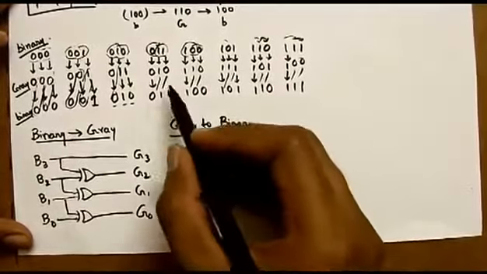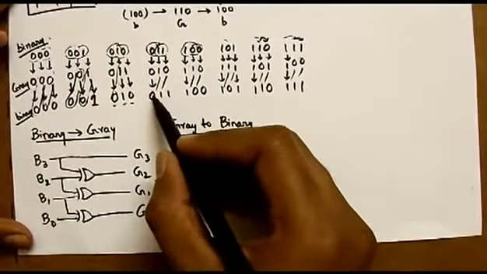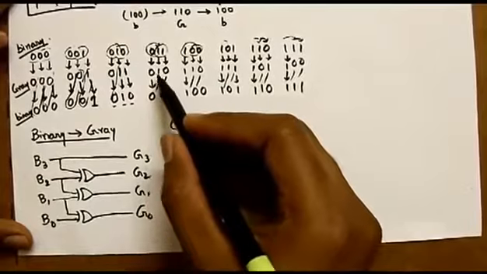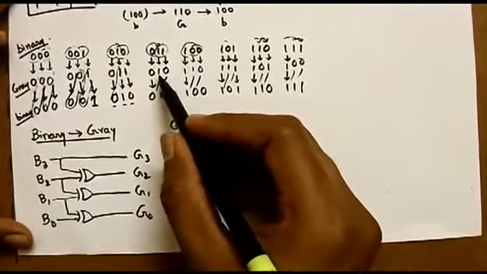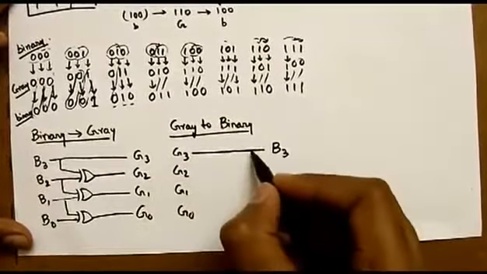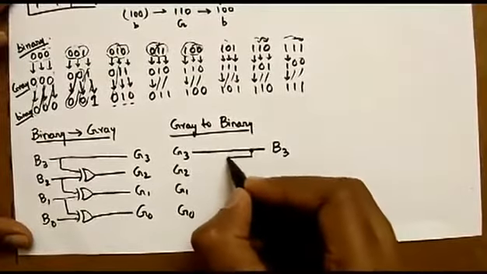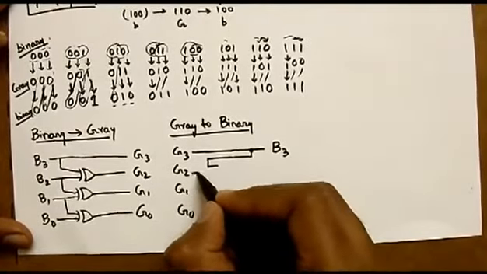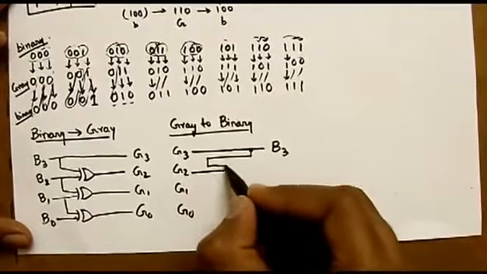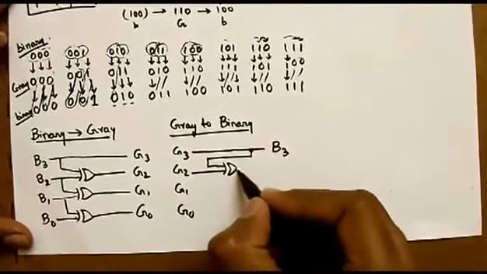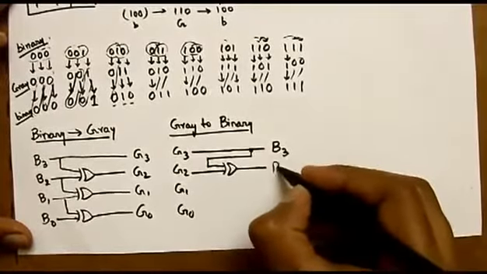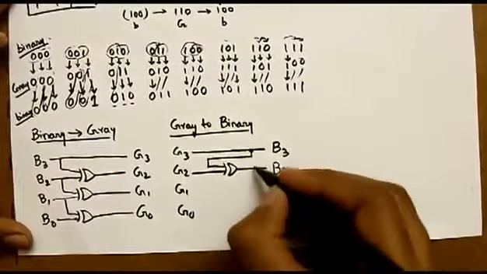Now, what are we doing? After we take the MSB out, we are taking this MSB and XORing it with the next bit. So, we will take output from here. We will take this bit. We will put an XOR gate and we will get the equivalent binary.